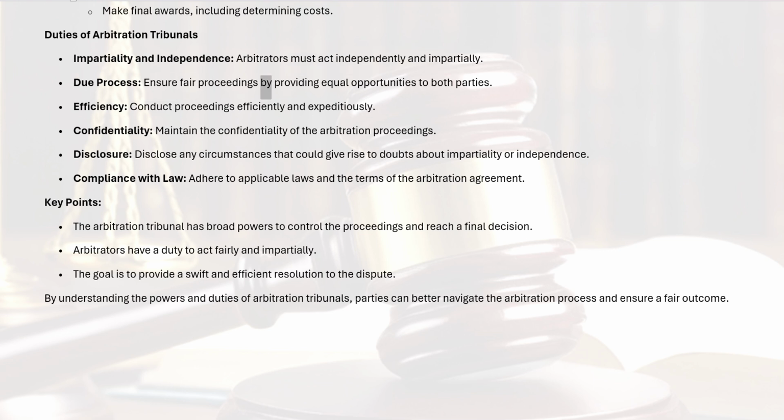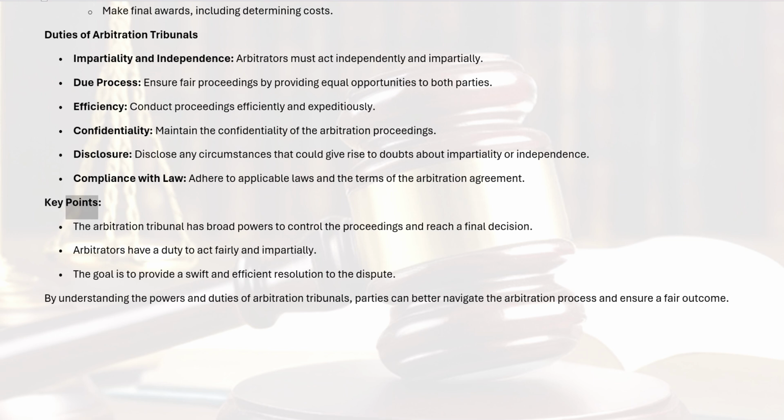Ensure fair proceedings by providing equal opportunities to both parties. Efficiency. Conduct proceedings efficiently and expeditiously. Confidentiality. Maintain the confidentiality of the arbitration proceedings. Disclosure. Disclose any circumstances that could give rise to doubts about impartiality or independence. Compliance with law. Adhere to applicable laws and the terms of the arbitration agreement.